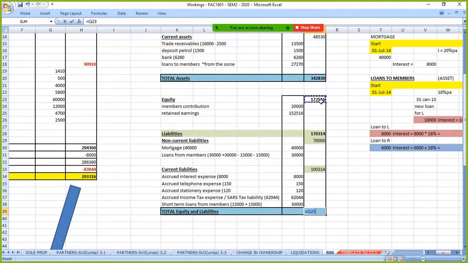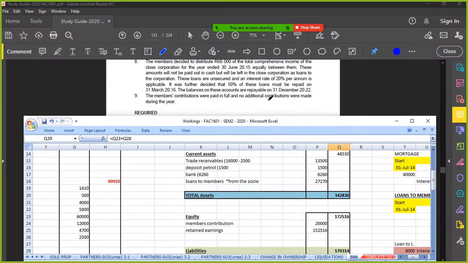Total equity and liabilities, this plus that, is it the same, hey? Yeah. Okay, good. That's correct. 342,830, 342,830, great. Okay, let's see what they've done.